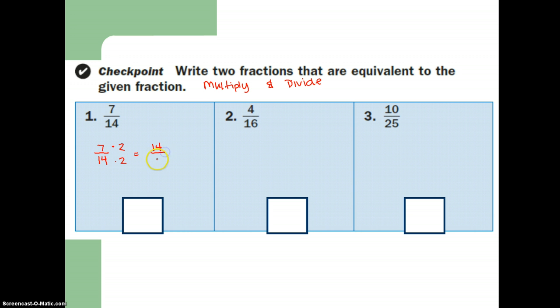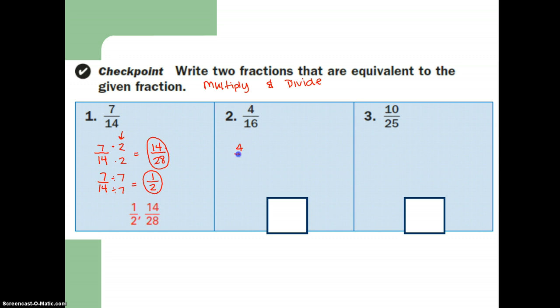This is 14 over 28. That's one equivalent fraction. And I'm also going to divide. Can't divide by 2 because 7 doesn't go into 2, but I can divide by 7. You get 1/2. Oh, that's what they did too. Again, they will vary depending on what you multiplied or divided by.